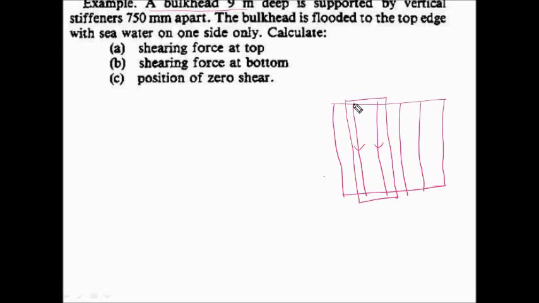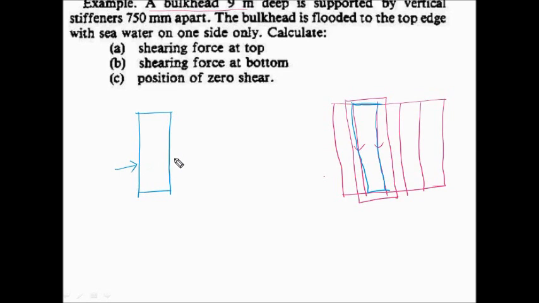I will draw that part here, because when we did the derivations for the shear force and bending moment, we took only this part. This part is a rectangle, so I will draw only that part. It will be like this.